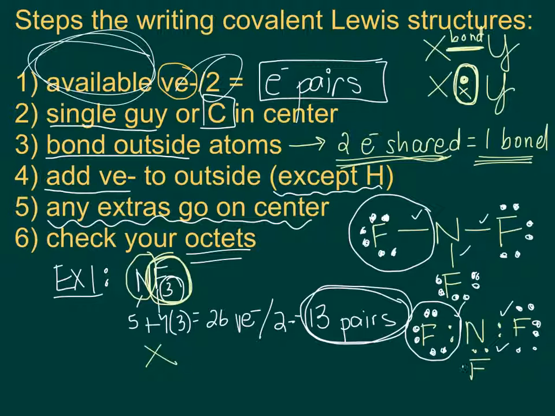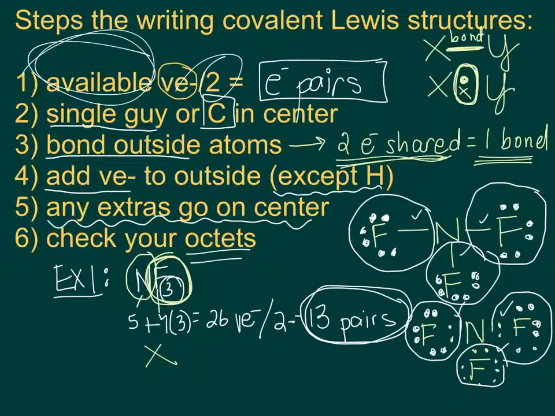And at the very bottom, 1, 2, 3, 4, 5, 6. Everybody caught up? If we drew circles to check for 8, fluorine's got 8, fluorine's got 8. So all of our fluorines have achieved their stable octet of 8.